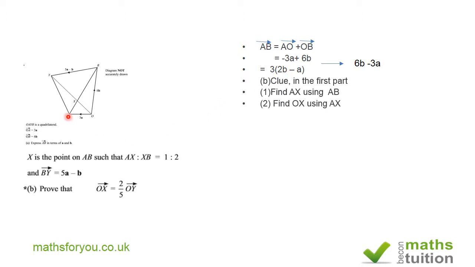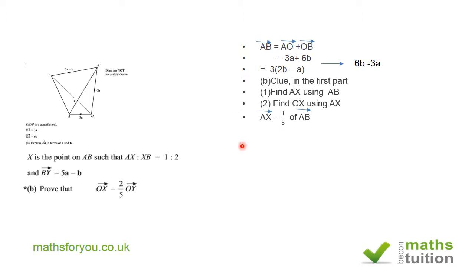And we know that the ratio of AX to XB is 1 to 2. So it then follows that the ratio of AX to the whole of AB will be 1 to 3. And that's what we've got there. So AX is equal to 1/3 of the vector AB.